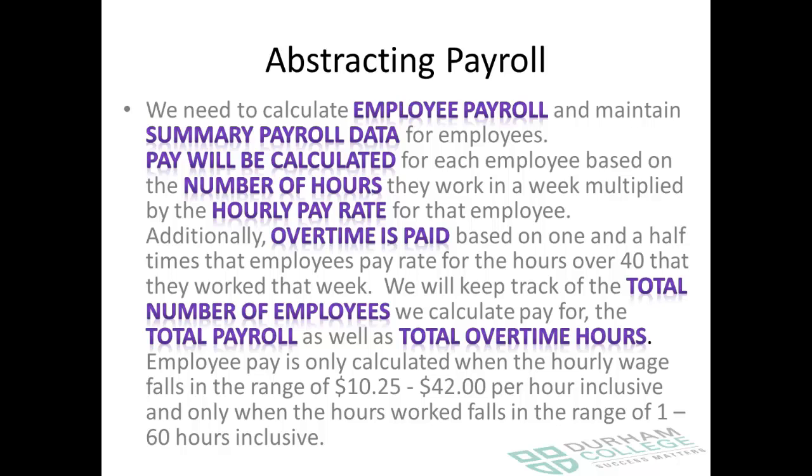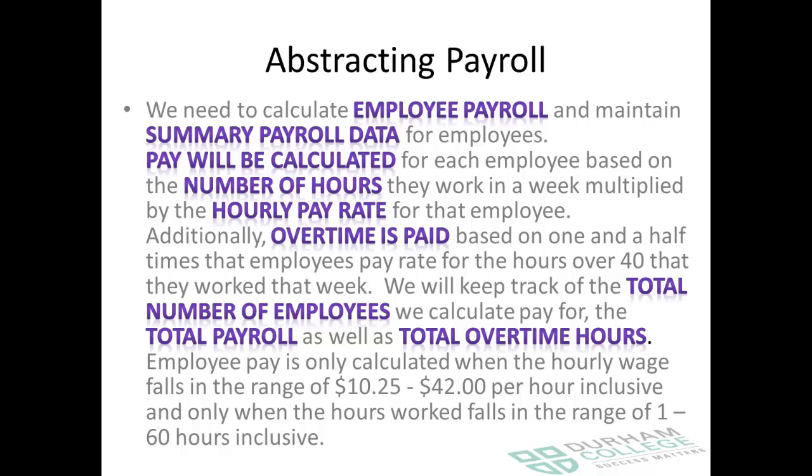And if you recall from two videos ago, we have that special type of attribute that's shared amongst all instances of a class. So if we're going to have summary data, then every one of those objects should have access to that shared summary data. For each employee, we're going to calculate their pay based on a number of hours and the hourly pay rate that's entered. And of course, we're going to calculate overtime pay on anything over 40 hours.